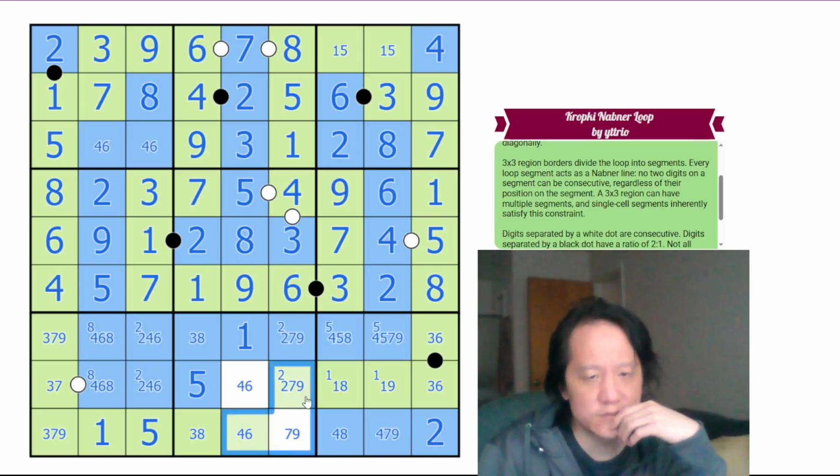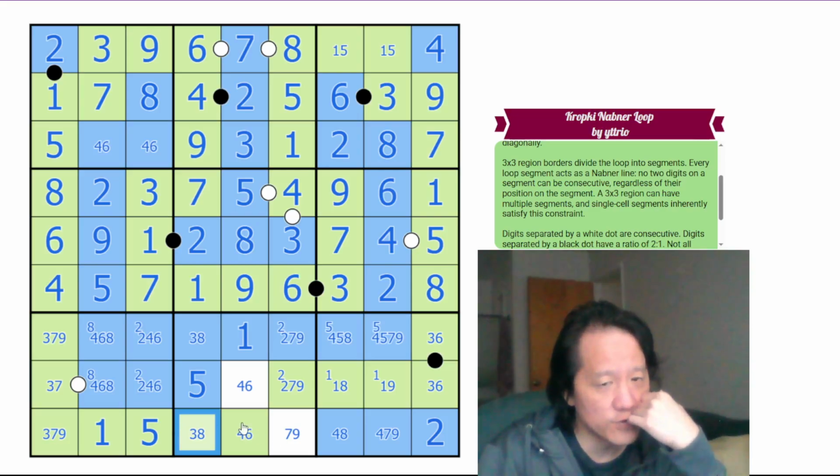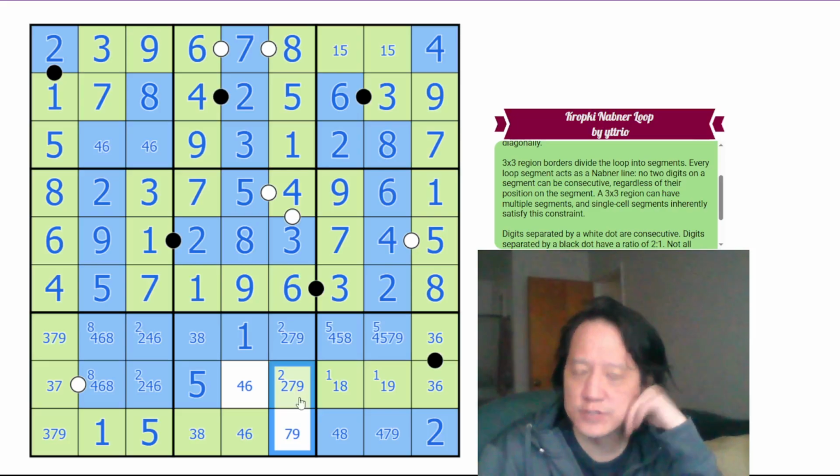If it goes this way, though, this has to be 3. And therefore, this would be 6. This would be a 7-9 pair. That's interesting.